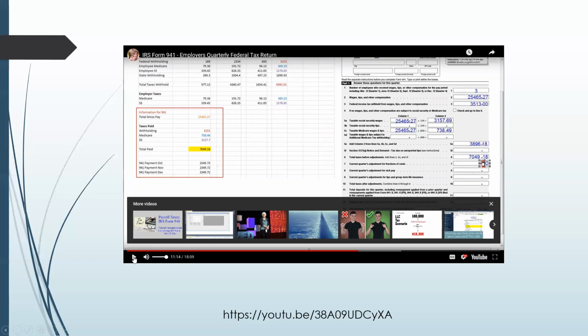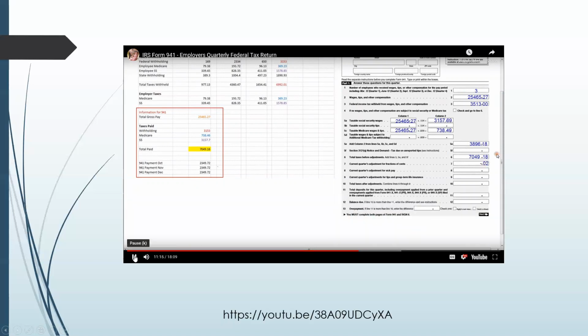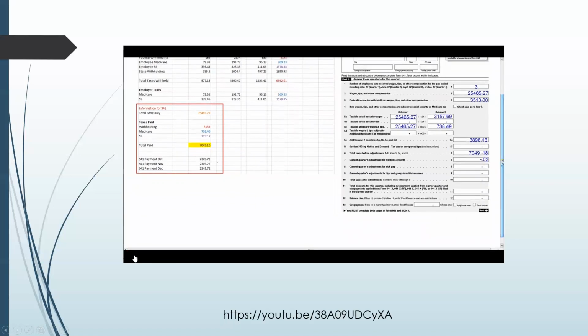So this literally is usually, like it shows here, 2 cents. It's usually something along that line. Very small amount. And like I said, 10 cents or less is what you would normally see. It's just a rounding, basically. On the 941, that's okay. This is how we reconcile it.